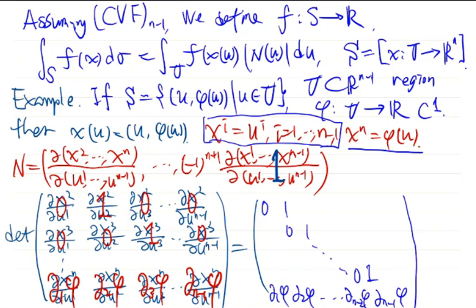So the determinant of this matrix, how to compute this? We can move the last column to the first column. When you move this last column to the first column, this matrix becomes a matrix of this form.